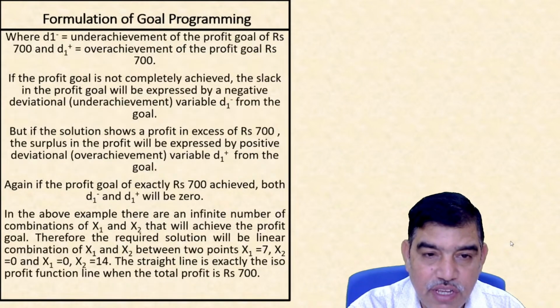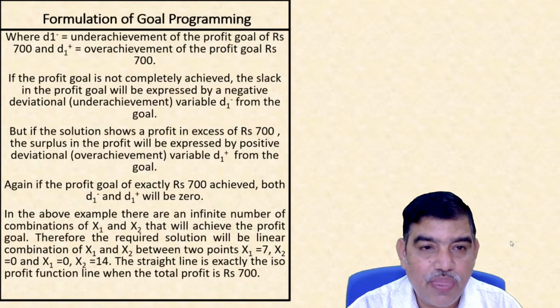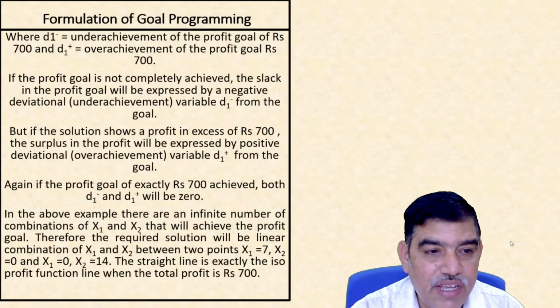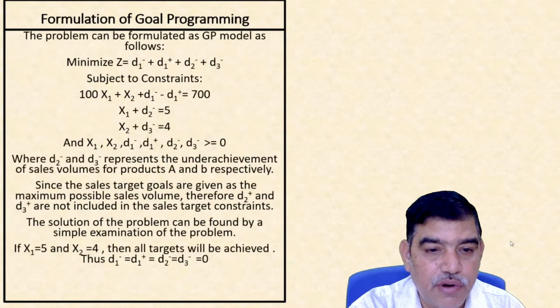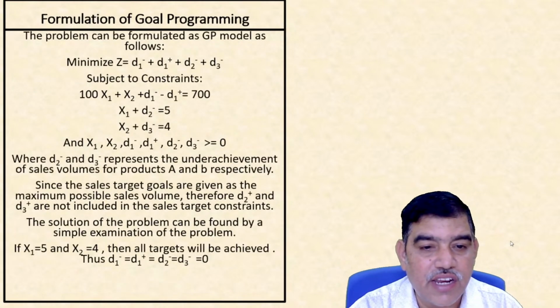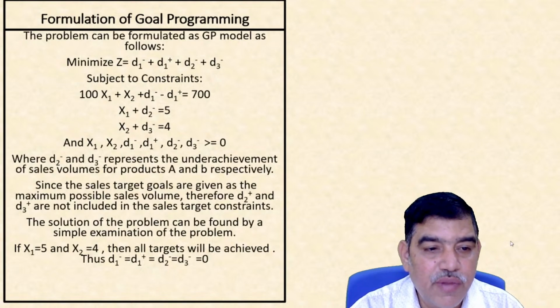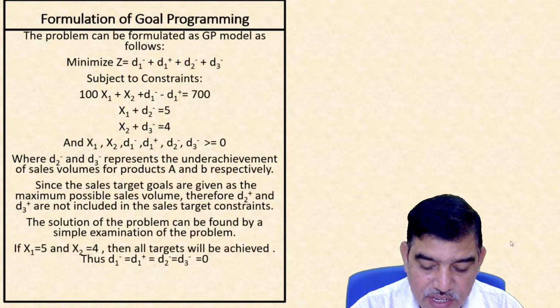In the second example, I mentioned that since the sales target goals are given as the maximum possible sales volume, d2 positive and d3 positive are not included, but in this example, they are included.